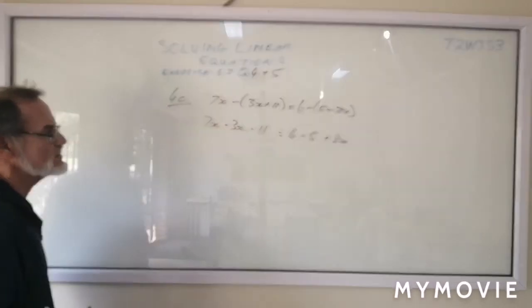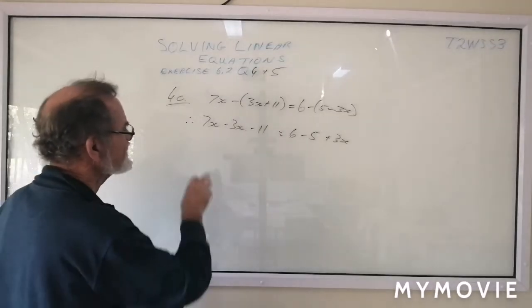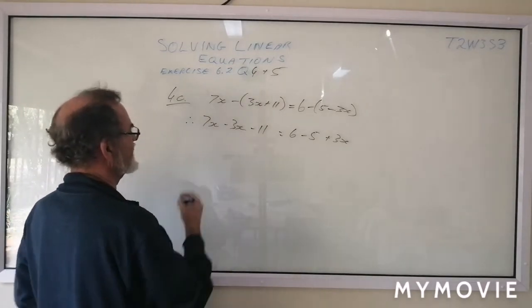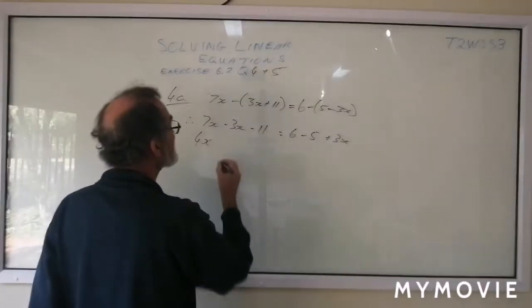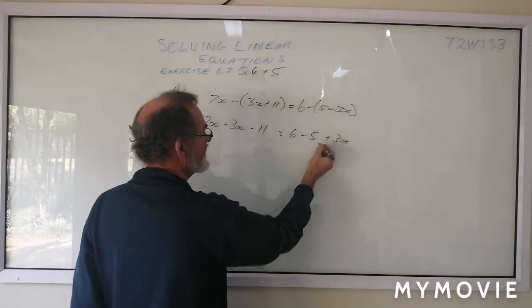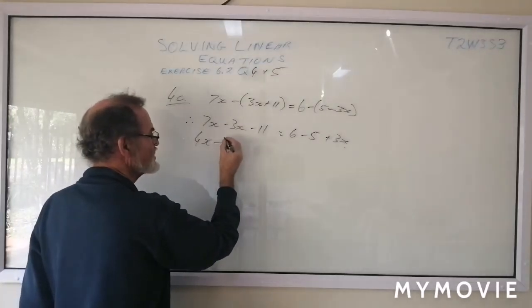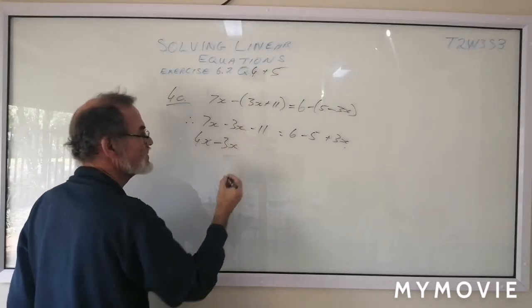And now we're going to get all our x's on one side. We can subtract this 3x from the 7x and make it 4x. And we can bring this 3x over by subtracting 3x from both sides, so it's got minus 3x.